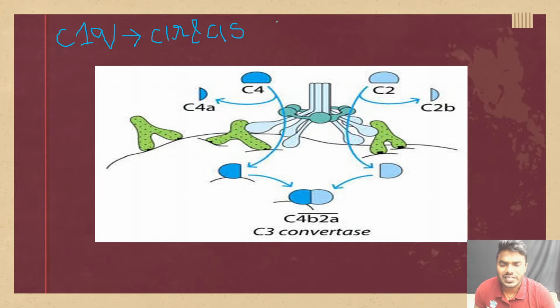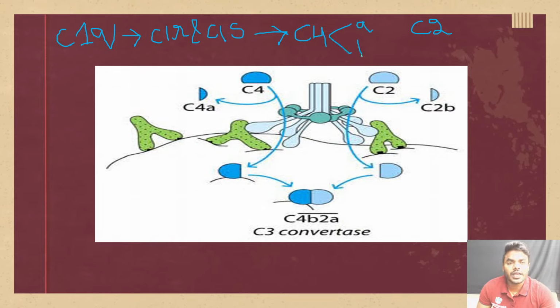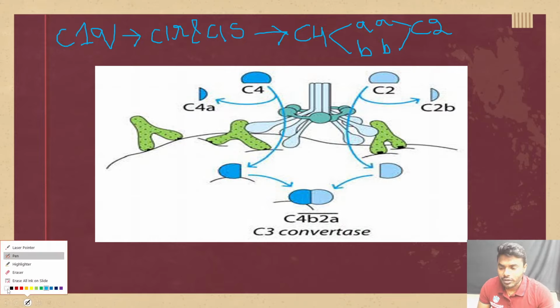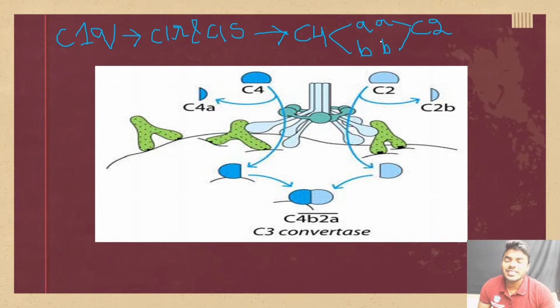Now everyone listen. From here the complement system is getting started. Now the C1S activates complement 4 also and complement 2 also. Now what is happening? Complement 4 can break down into A and B. Complement 2 also can break down into A and B. But I told you very clearly, in case of the complement 2 molecule, there is an exception.